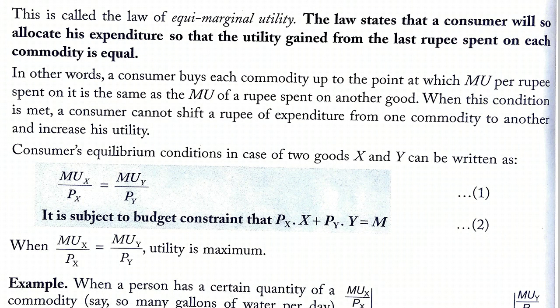So it is subject to budget constraint. Why? Because people have a certain budget and within that budget only they have to spend the money. Everybody has a certain income and within that income the person has to purchase commodities and derive utility.